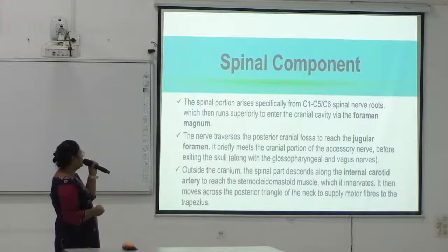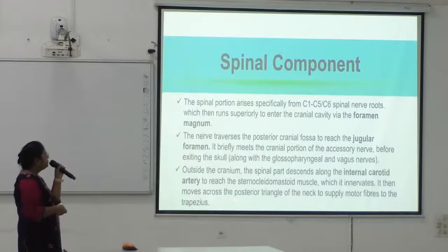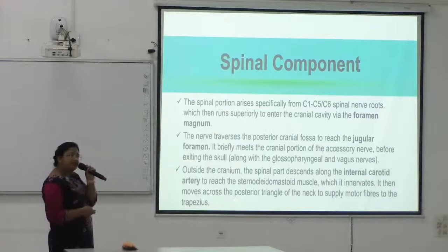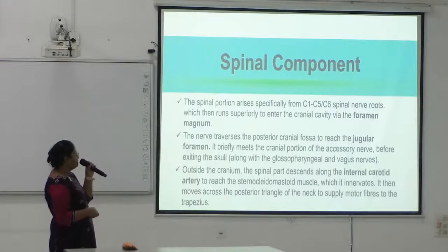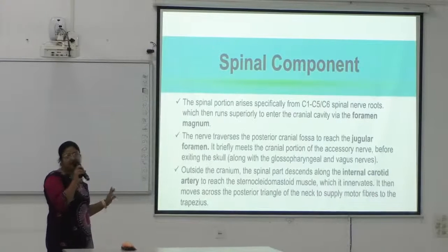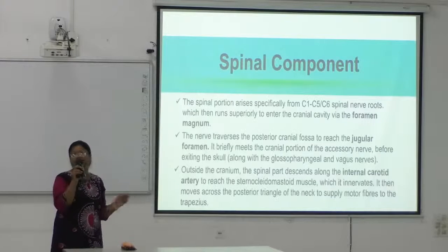Outside, along the artery, the sternocleidomastoid muscle, the posterior triangle. The muscles supplied by the spinal accessory nerve are sternocleidomastoid and trapezius.